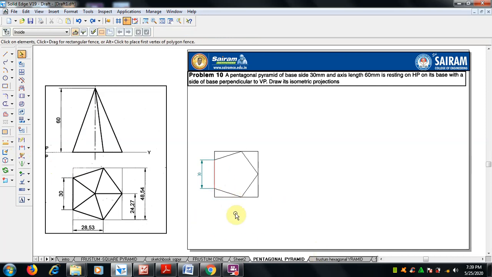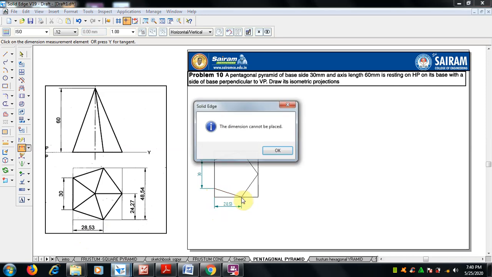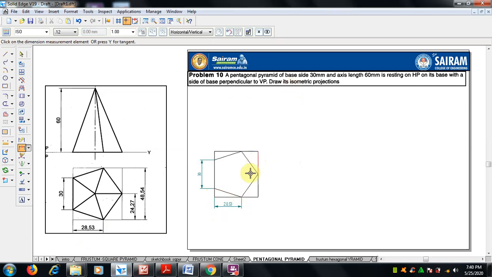After completion of this, just check the distance between this point. So here to here, what is the distance? 28.53, isn't it? Like this, the end point. I am going to measure the distance from this to this point.